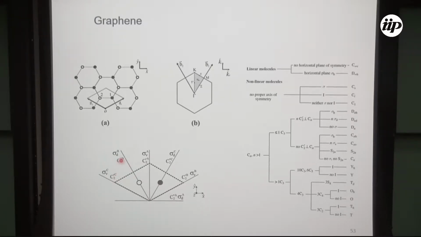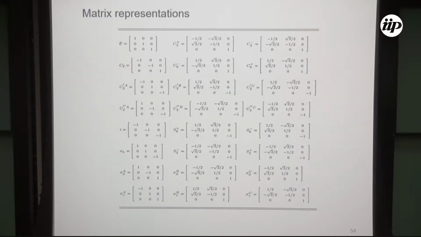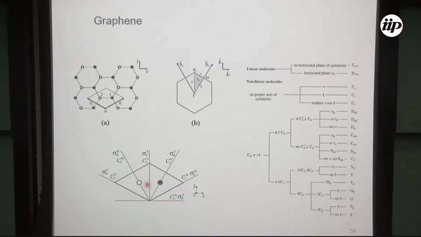We have two families of C2 axes perpendicular to the C6 axis. We have C3 axes. We have inversion symmetry as well, if this is an inversion point.